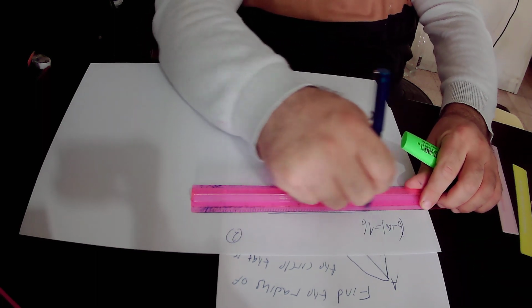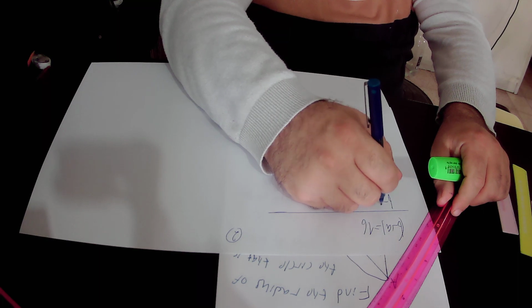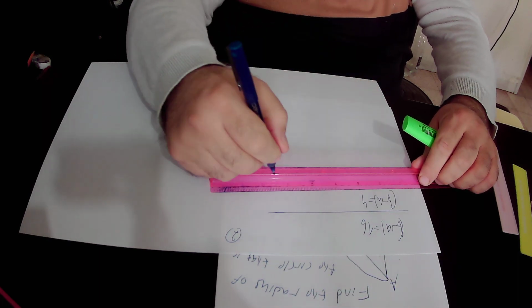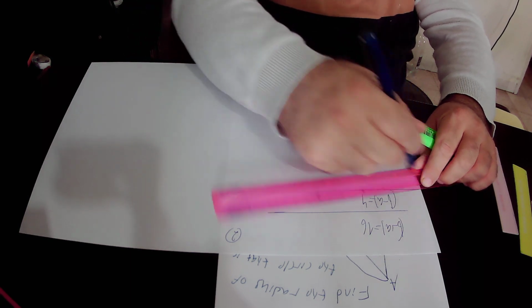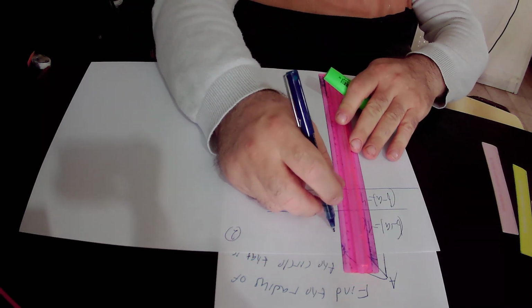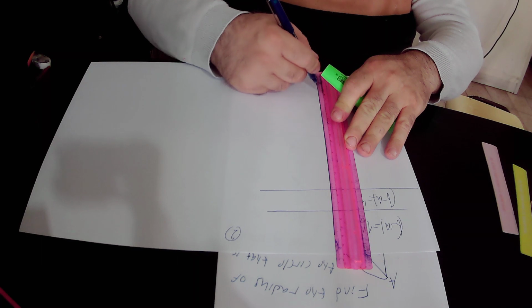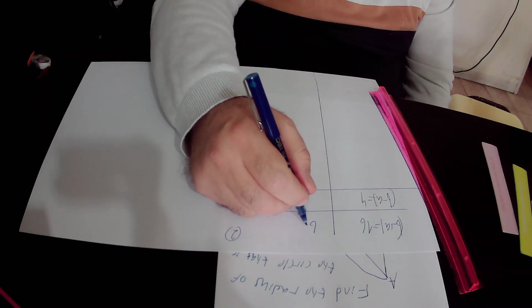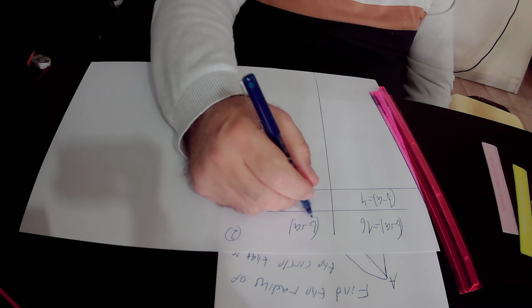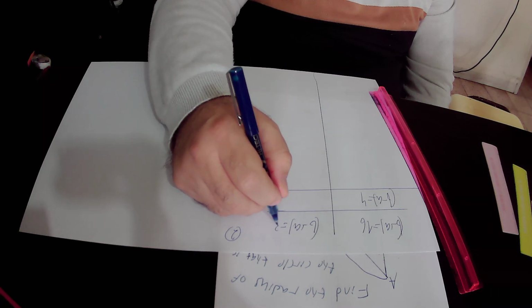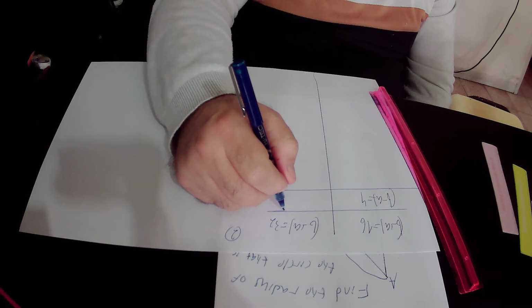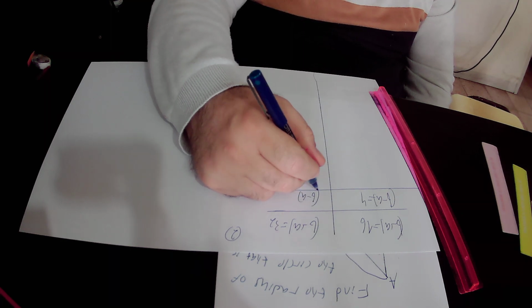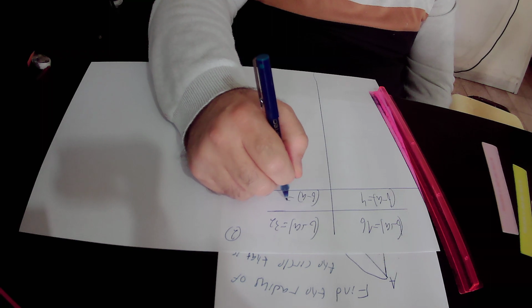This is the first solution. And the second solution to the question is that b plus a is 32 and b minus a is 2.